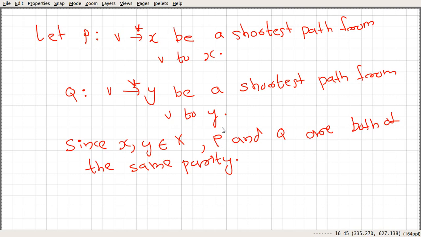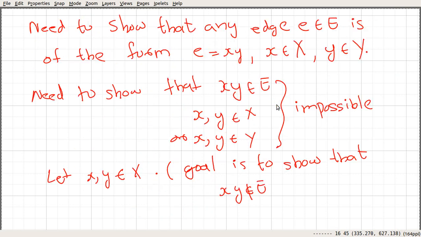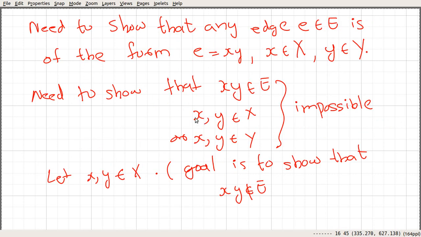In this case, since we defined X to be something like this, the lengths of these paths P and Q are even. Here we are trying to prove this particular thing: if we have an edge something like this, then the situation xy element of X is not possible, and exactly similarly we can also prove the statement for Y. We are only going to prove this one, and the other proof is exactly similar to this kind of argument.